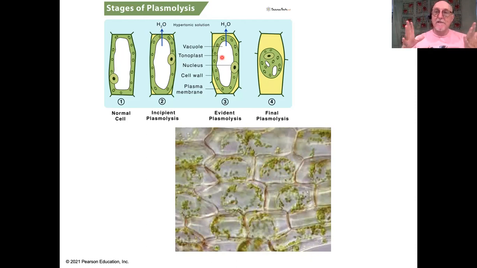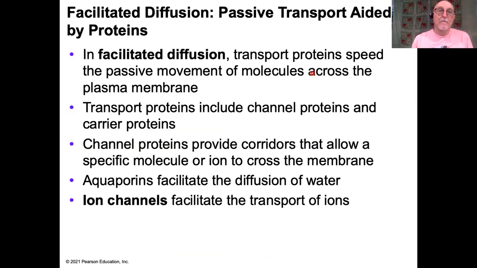This is a reversible situation. As long as you don't leave this too long, you can put this back into the correct concentration of water, and the central vacuole will very rapidly increase back to its normal size until its turgor pressure has pressed up against the cell wall once again.